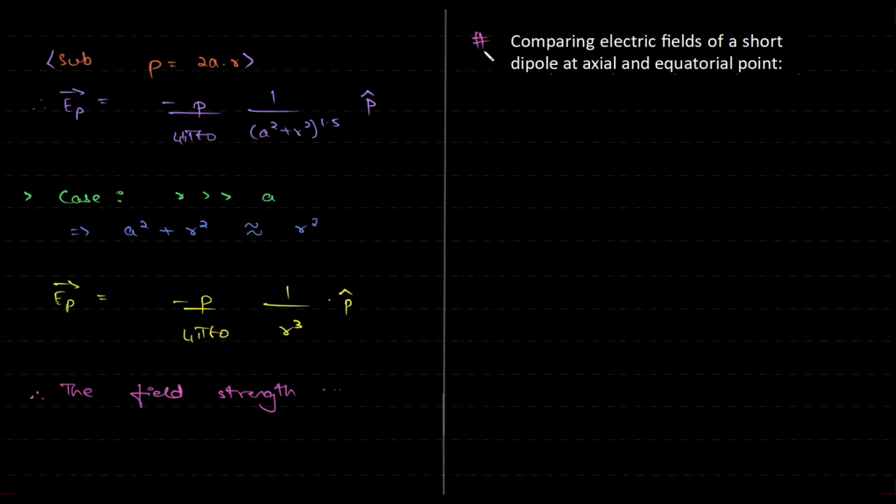Now, let's compare. When it came to your equatorial point and axial point, what's the difference? At axial, we have the direction to be the same as that of the dipole. Here it is opposite. That's the very first thing that I can remember. Then what else? Anything else that we can compare?